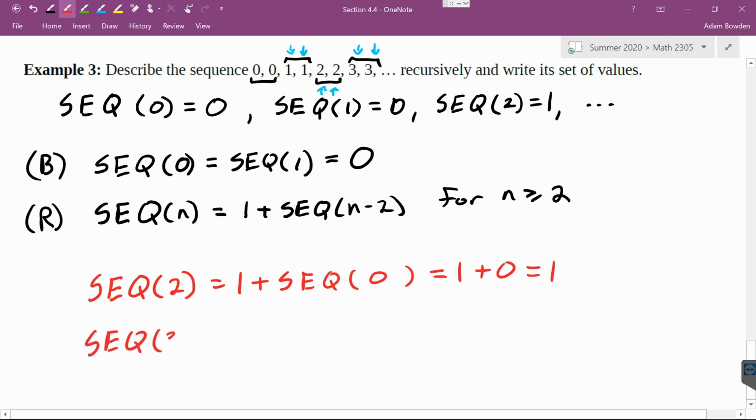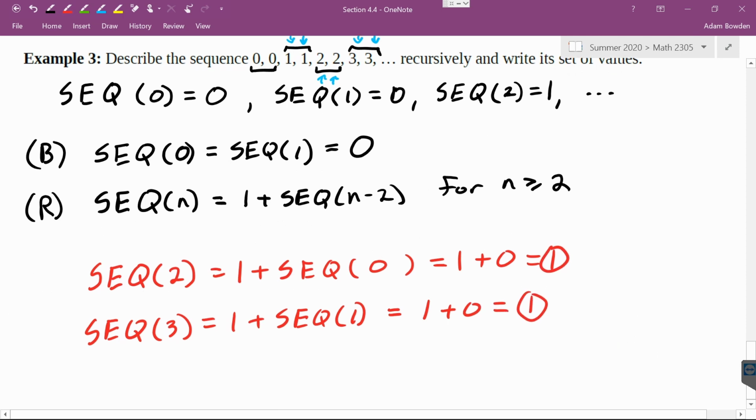And then the sequence of 3 would be 1 plus sequence of 1. So that's still 1 plus 0, which is 1. So that matches what will happen in our sequence up above. And if we keep going to the next, it'll take 1 plus 1 to give us 2. And it'll do it again for another 2 until it goes on and moves up to 3.